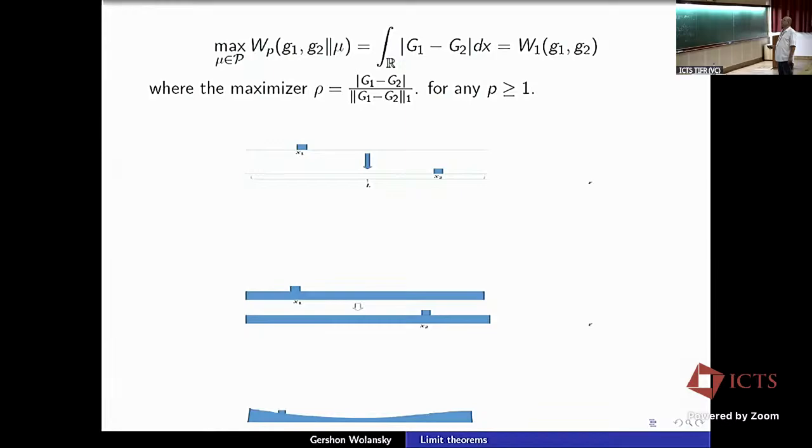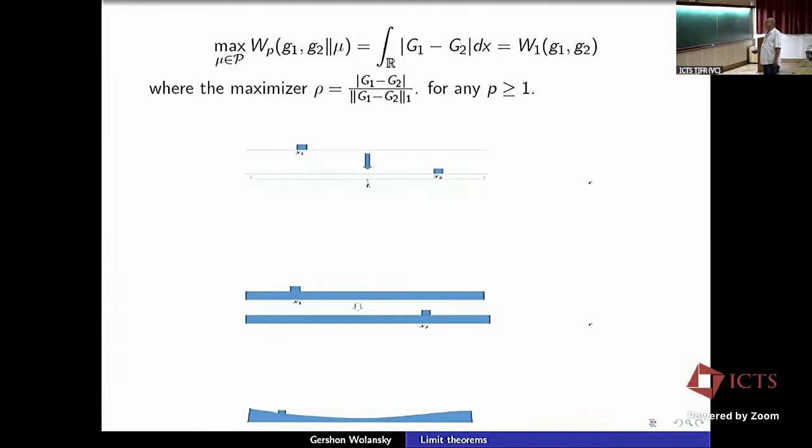So here is a sketch that expresses this phenomenon. Here I put some delta mass at point x1, and then delta mass at the point x2, and I want to push it distance L. So I pay L times this mass. So suppose the mass is epsilon here and epsilon there. I pay L times epsilon for Wp to the power p.